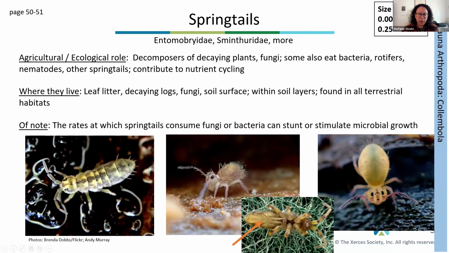They can be different colors too. They're often found on the soil surface in leaf litter, like I was describing, but also decaying logs, or you might find them within mushrooms that they might be eating. Those that live deep in the soil, though, often have no eyes or very reduced eyes, and also a reduced spring.